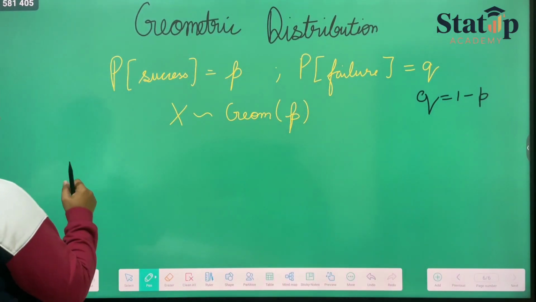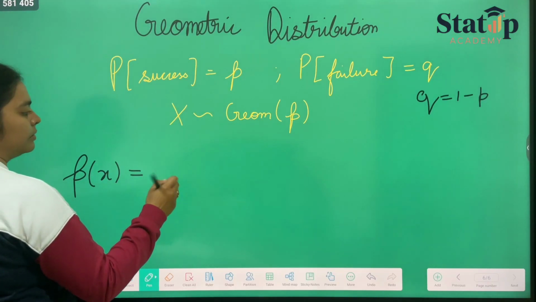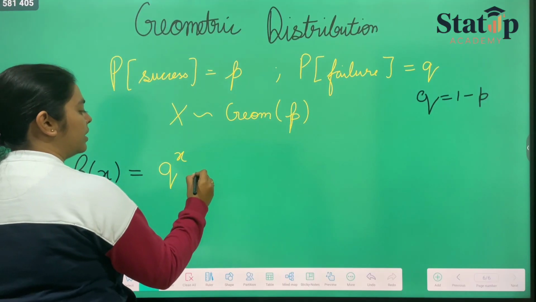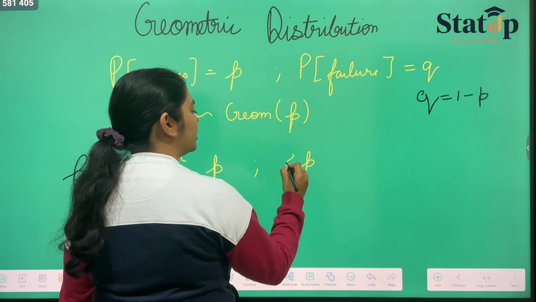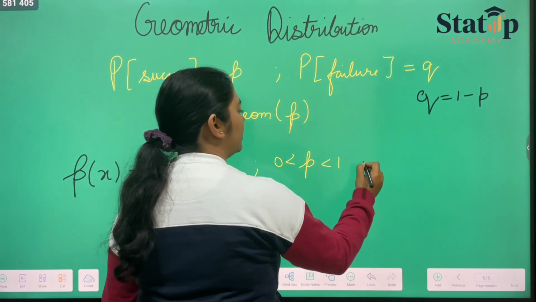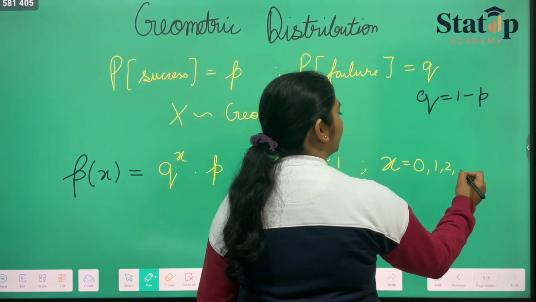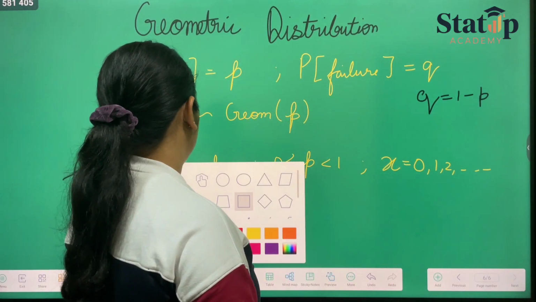So the PMF of this distribution of X can be represented as Q raised to the power X into P, where P lies between 0 and 1 and X has the values 0, 1, 2, and so on, up till whatever the last term is.